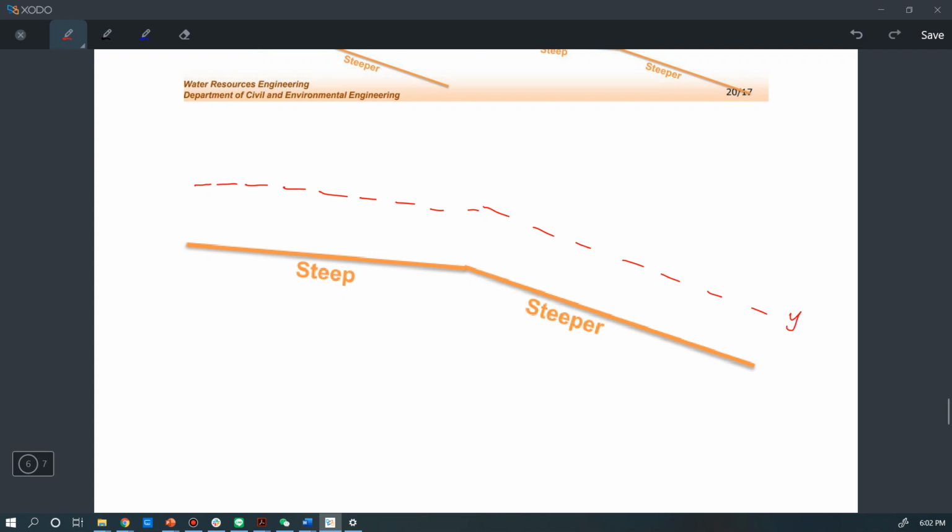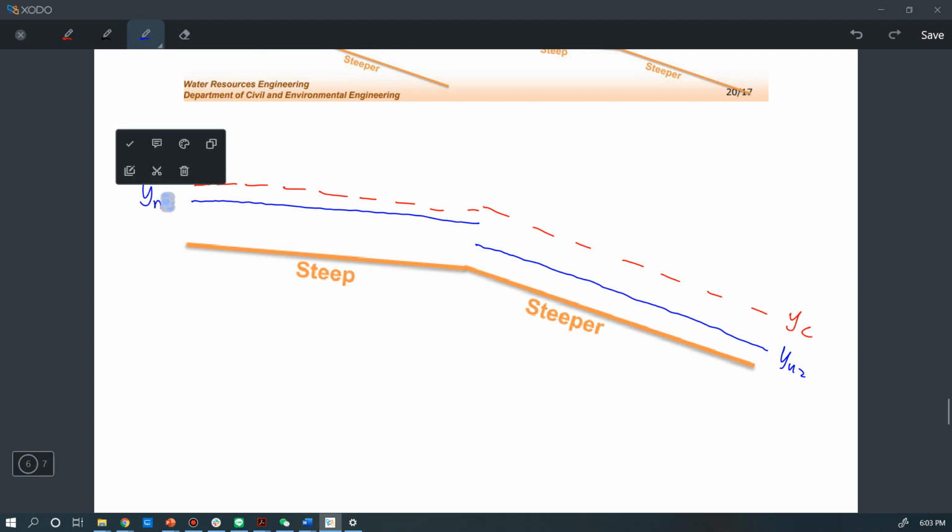This is yc. And we want to plot the normal depth. So we have the steep floor normal depth look like this, and because this becomes steeper, the normal depth becomes lower. Okay, this is yn2, this is yn1.